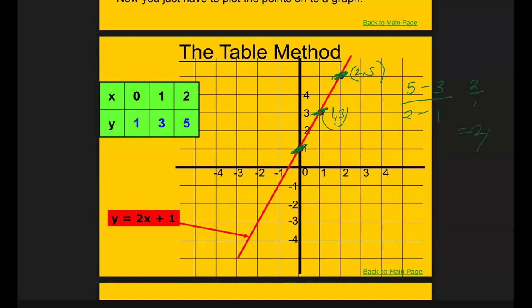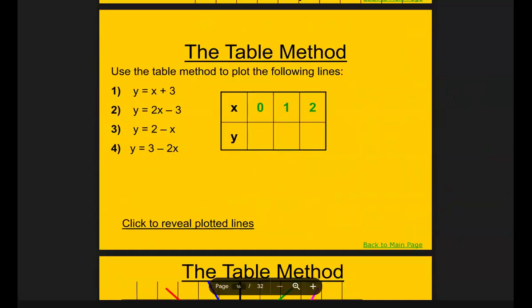So 2 is the gradient, and 1 is the y-intercept. Don't forget the formula, y equals mx plus c. With m as the gradient, y equals 2x, plus 1. So the equation is y equals 2x plus 1.